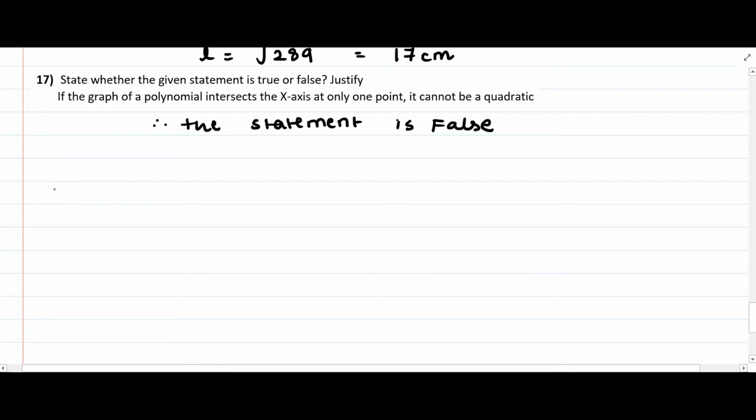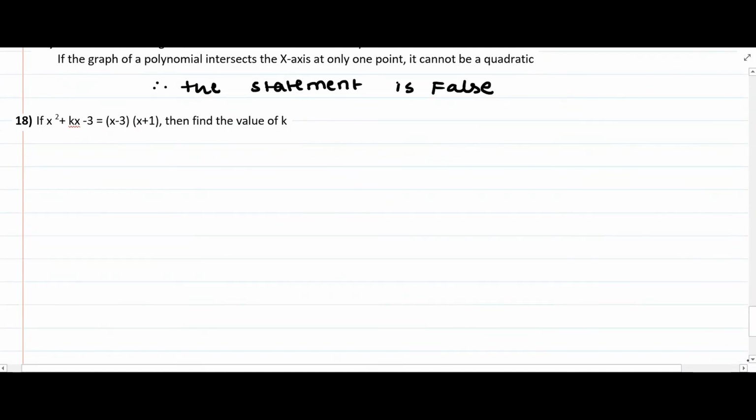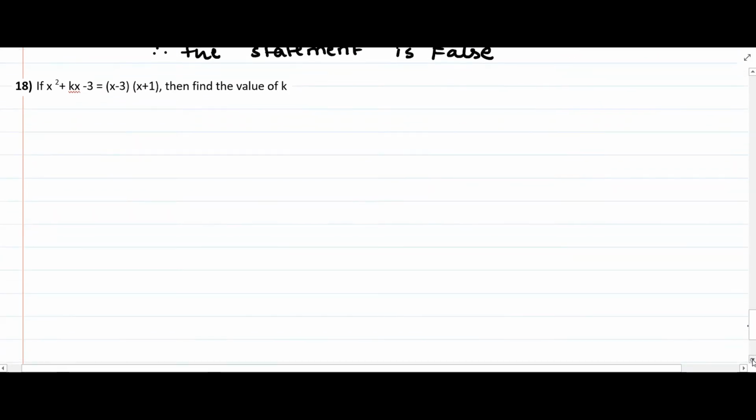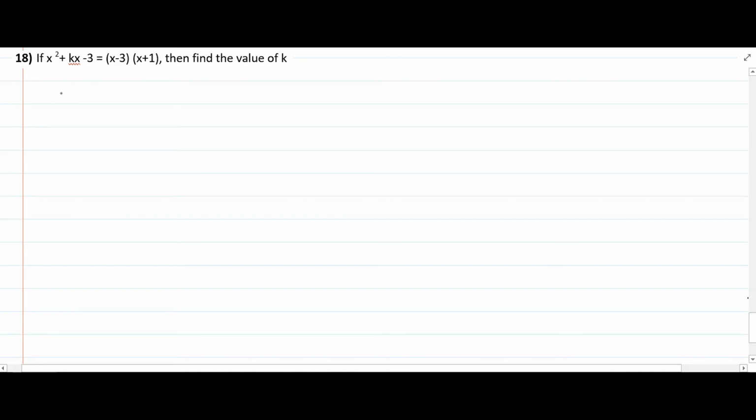Okay, we'll move to the 18th question. If kx square plus kx minus 3 equal to x minus 3 into x plus 1, then find the value of k. Okay, so we are just going to multiply the RHS now. We'll retain what is there in the LHS.